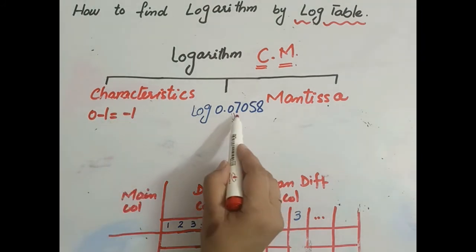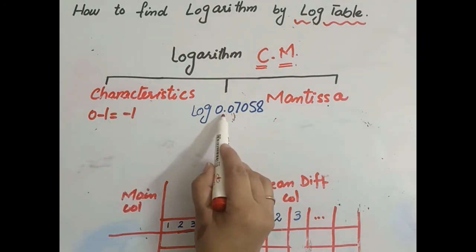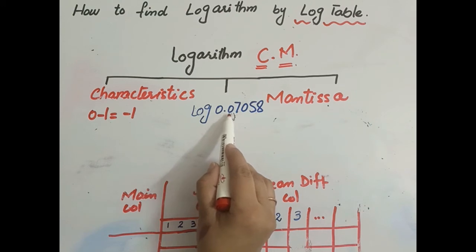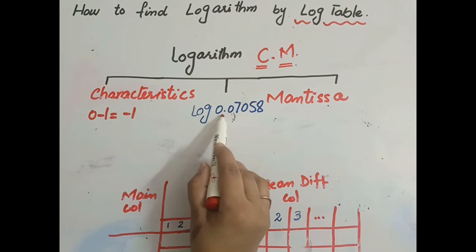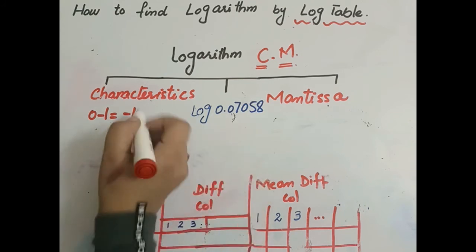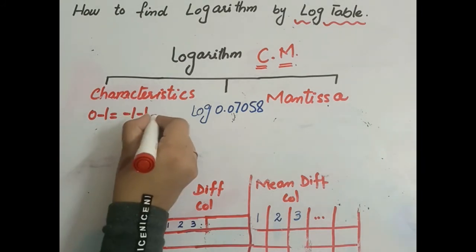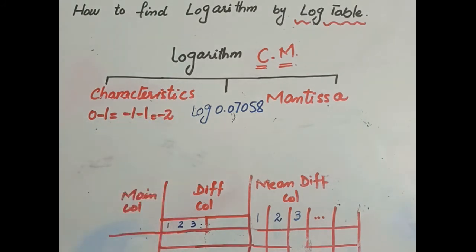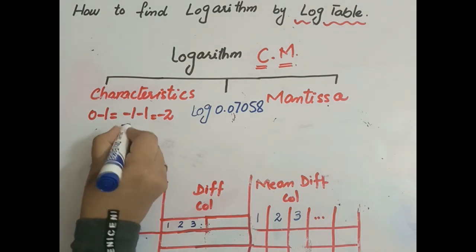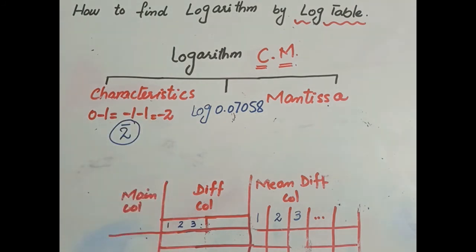The number is not starting right after the point, it is starting after one 0. So you have to subtract the number of zeros after the point. There is one 0, so you subtract 1 again from it, so it will be -2. So the characteristic will be 2 bar. This is the characteristic we have found.